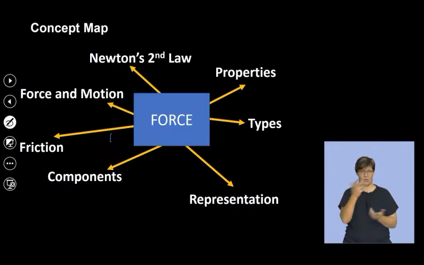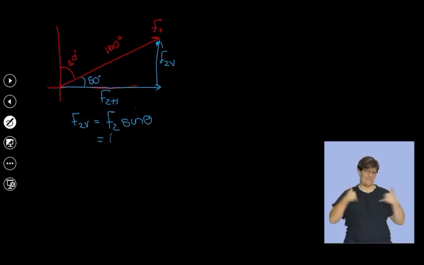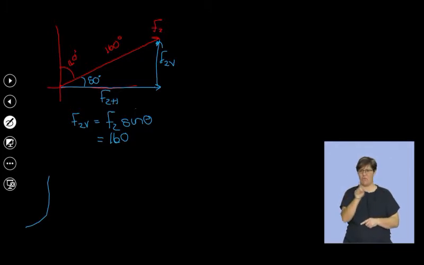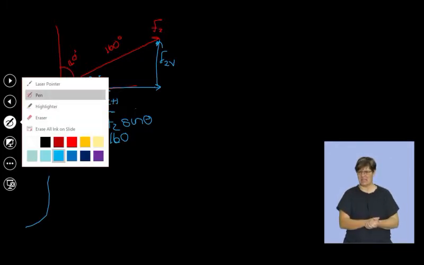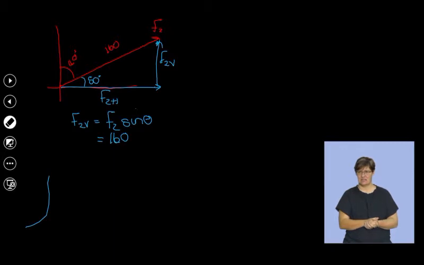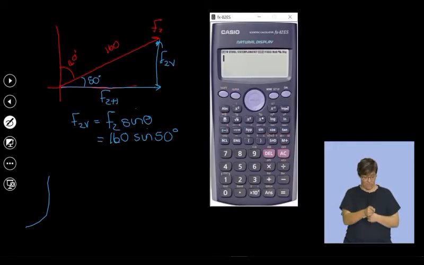Let's just go back to where we were. I'm having fun with the board today. I put a degree sign in there, and I don't know why. So let's just take that out, because we should. And so this is sine 50. That's where the degree goes. Calculator. Okay, let's get rid of what we had there. So now this is 160, and it's sine 50.